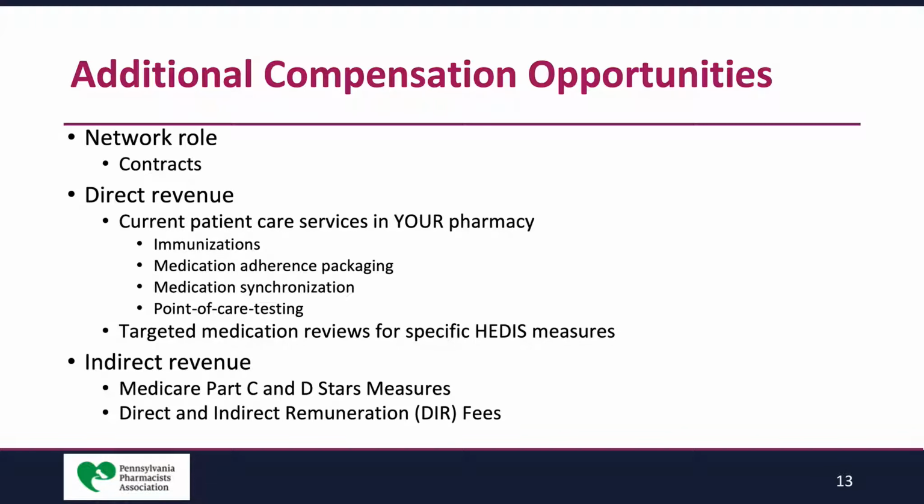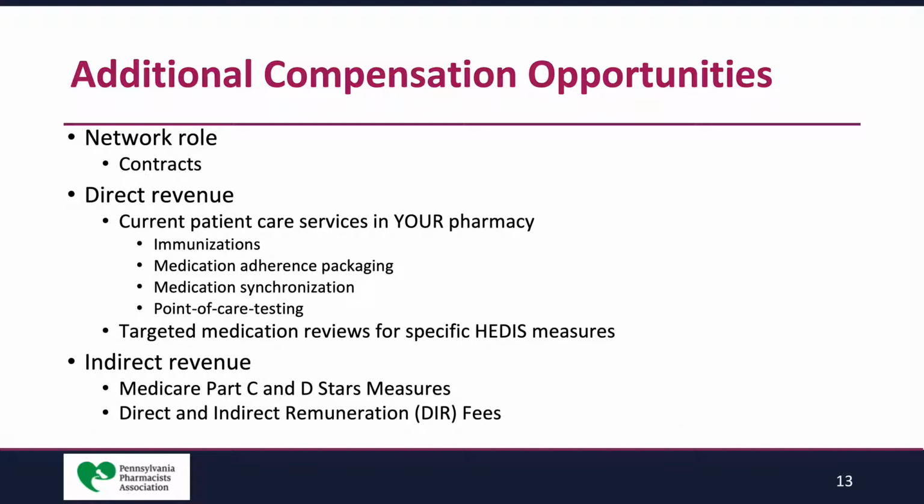Other things that, like I said, there are opportunities through these pharmacy care networks, where the care networks contract with certain payers, and those payers are willing to pay for those who are in the care network. There's other ways that pharmacies can bring in revenue, such as direct immunization billing. Most of the time when we bill for immunizations, if we are Medicare B certified, not only can we bill for the immunization of the product, but we can bill for the administration code, the administration fee for the time it's going to take for us to evaluate the patient and to administer the shot.